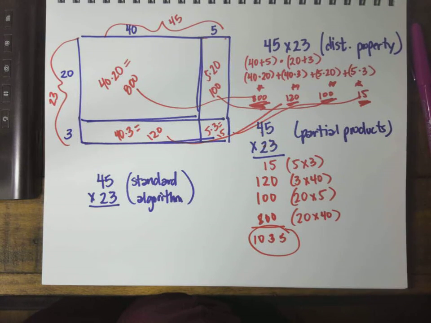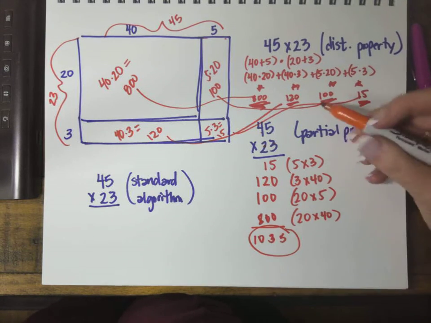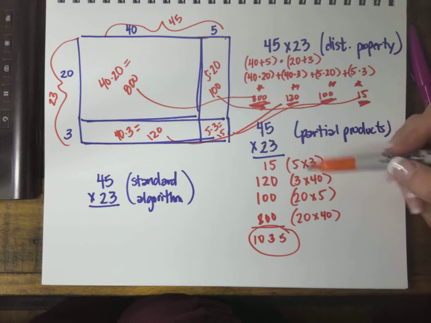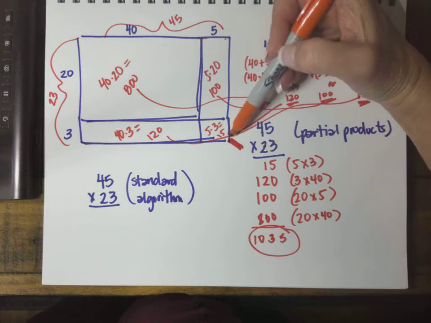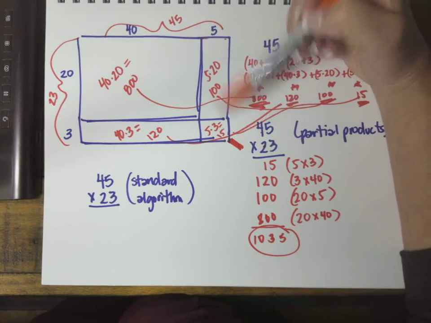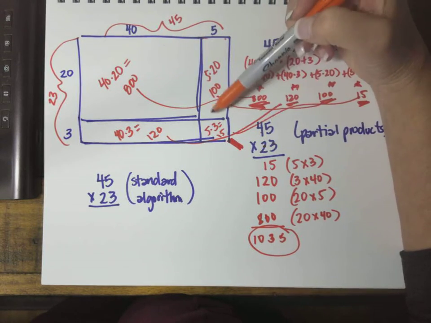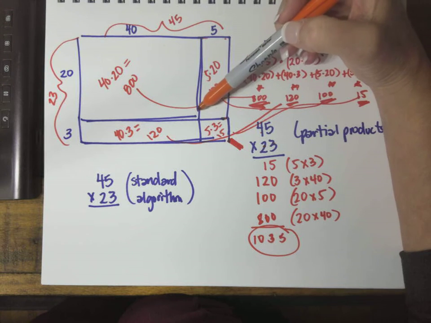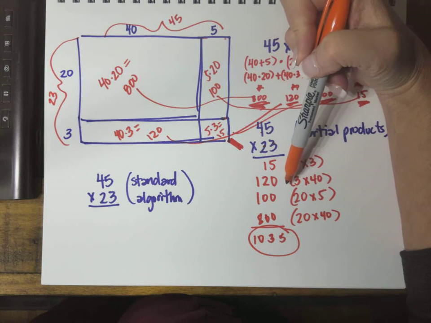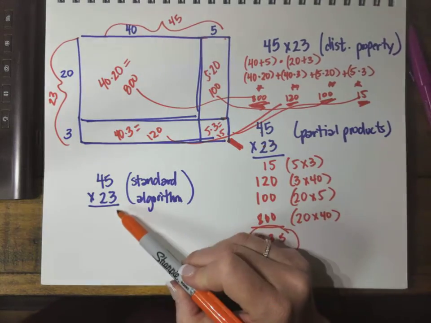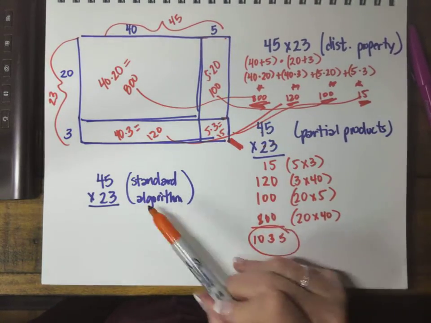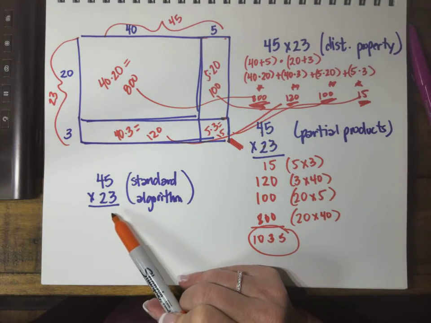There's our final product. What's nice about partial product multiplication, and this is usually where students start, they make big connections here when they're learning multiplication of multi-digit problems between the area model or the visual representation and this partial product multiplication. So it's really fun when then students learn the standard algorithm and they're able to explain to you what's happening in the standard algorithm.